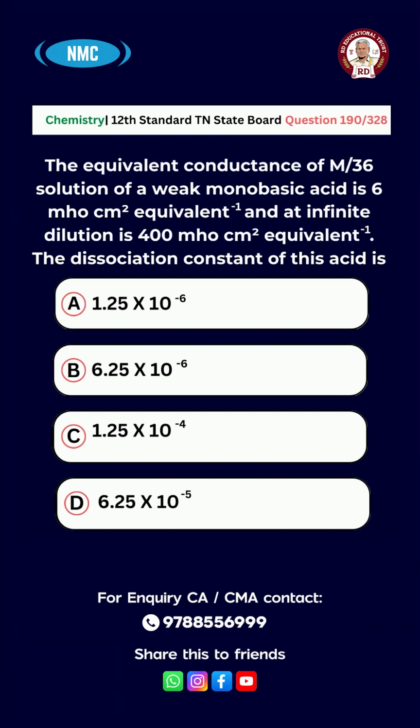Option B. 6.25 into 10 to the power minus 6. Option C. 1.25 into 10 to the power minus 4. Option D. 6.25 into 10 to the power minus 5. The correct option is option B. 6.25 into 10 to the power minus 6.